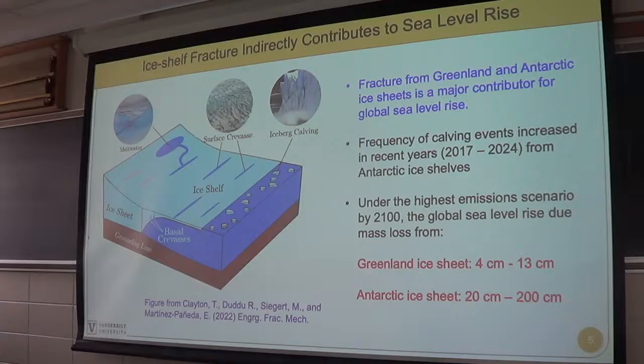Based on what the literature says, Greenland could contribute maybe a few centimeters of sea level rise by 2100. Antarctica is largely uncertain. It could be just a couple of tens of centimeters, or it could be as much as 2 meters.